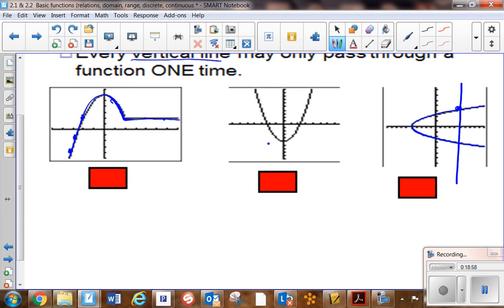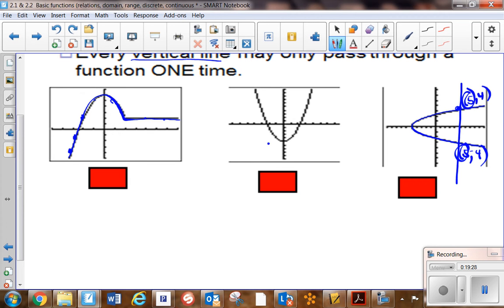This is the point 5, 4. And this is the point 5, -4. Oh, look what repeats. If it fails the vertical line test, that means that x has two partners. Bad. So that is not a function because it fails the vertical line test.